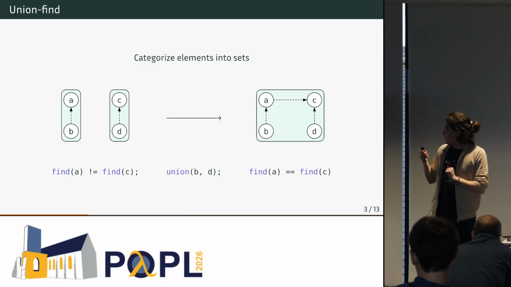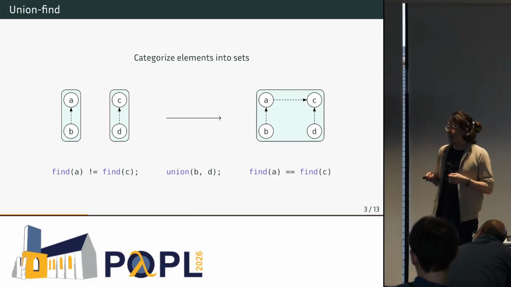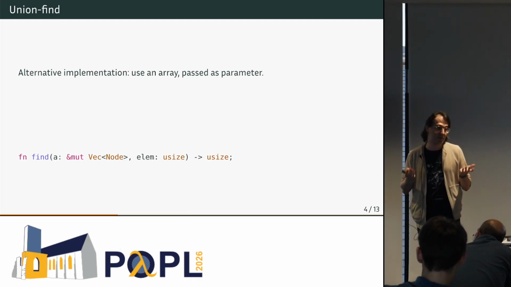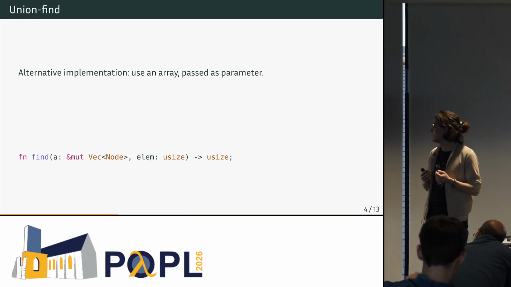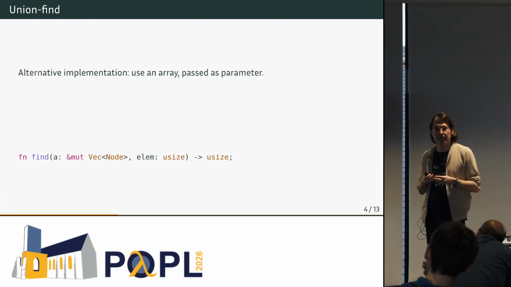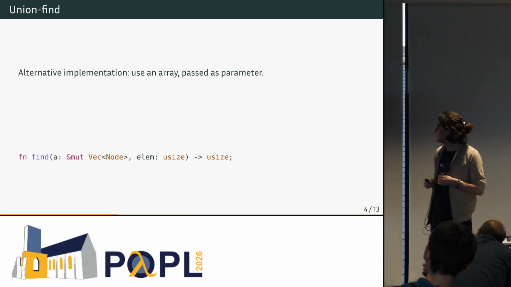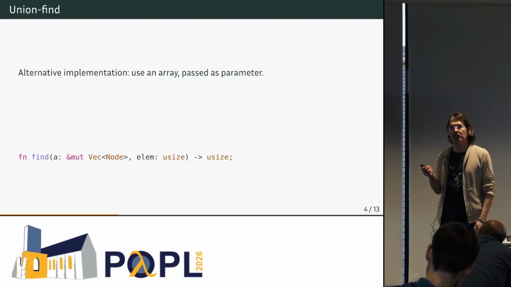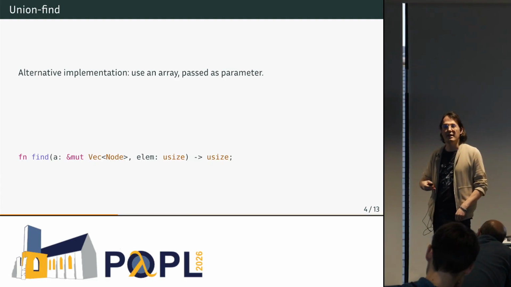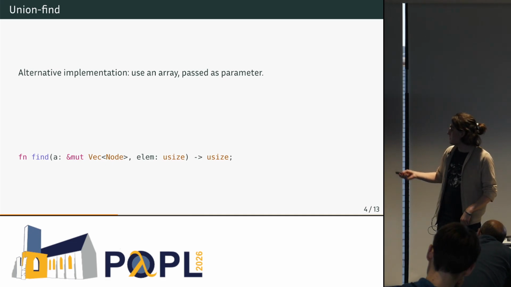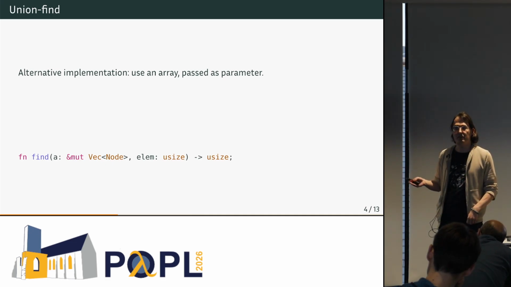So if you want to specify this program with pointers, you can take inspiration from the implementation without pointers. So without pointers, you usually use an array. You have this big array, which is a Vec in Rust. And the elements are no longer pointers, but they would be indices in this array. And this is easier to reason about because you pass the whole state of the union-find to each function.